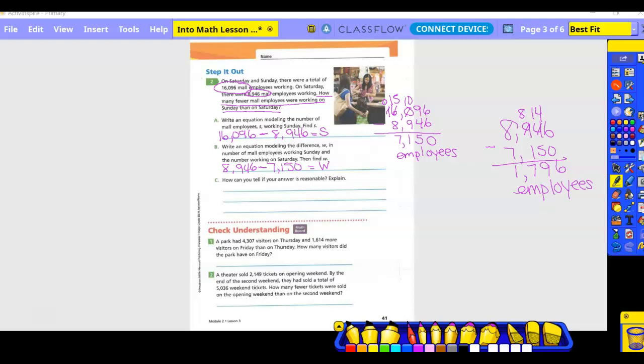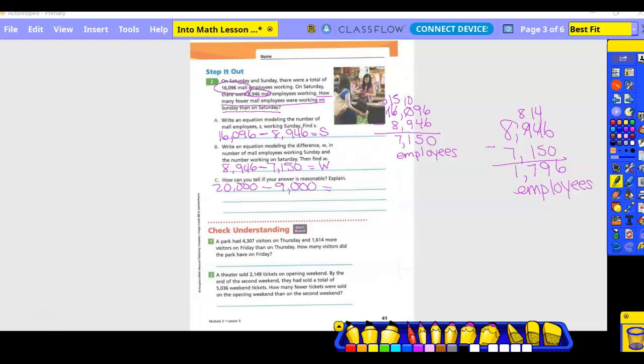Okay, so how can you tell if your answer is reasonable? So if we would have estimated those, so what is 16,000? Would it be closer to 10,000 or 20,000? 20,000 because the 6 is 5 or higher. So we would have had 20,000 minus, is 8,946 closer to 8,000 or 9,000? 9,000.